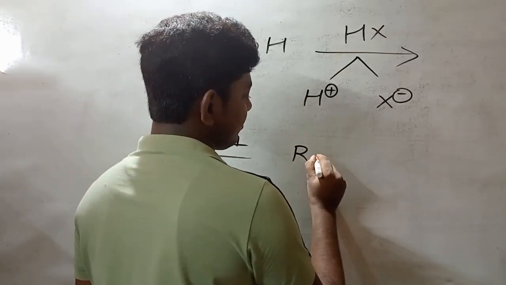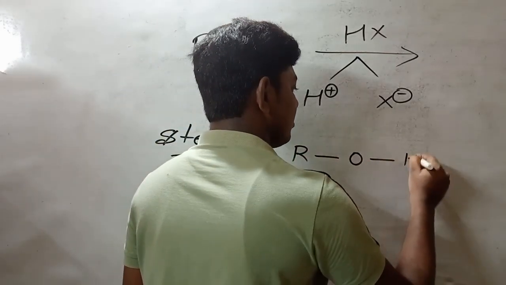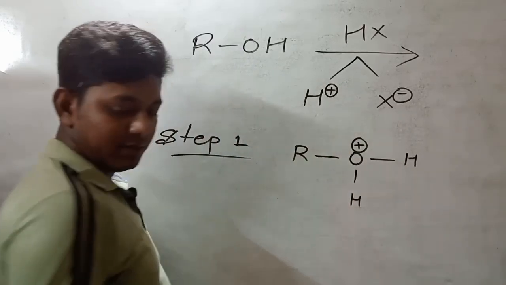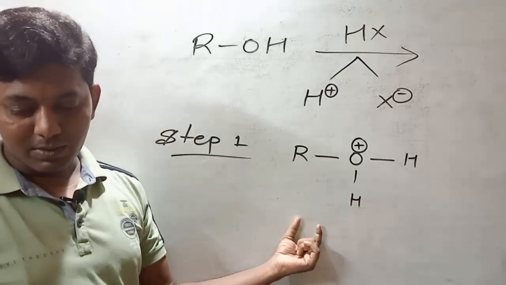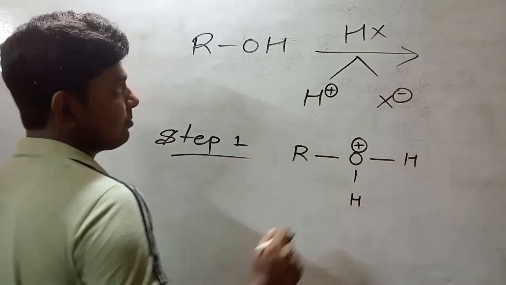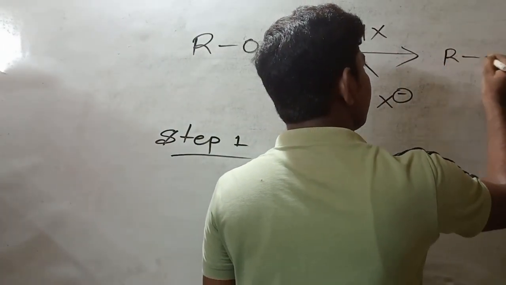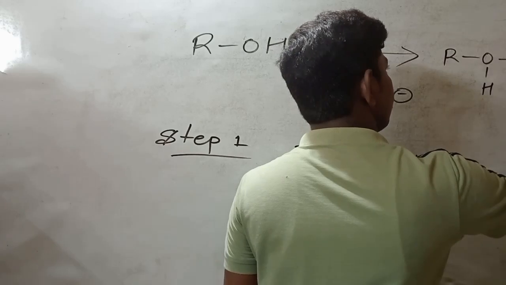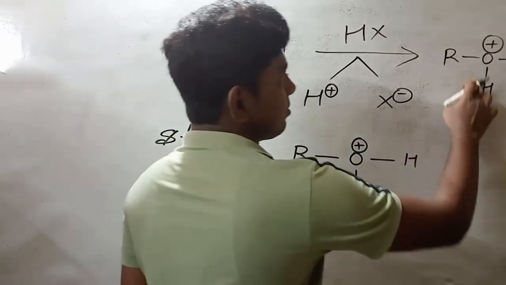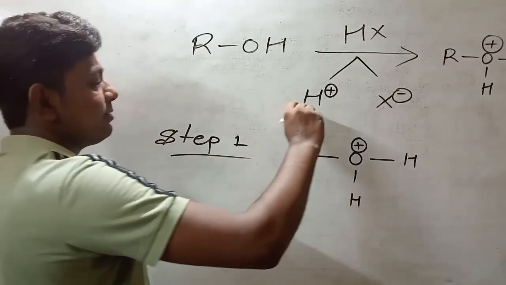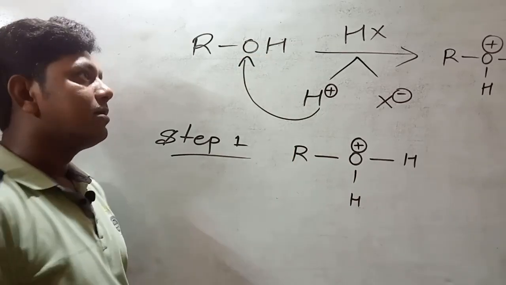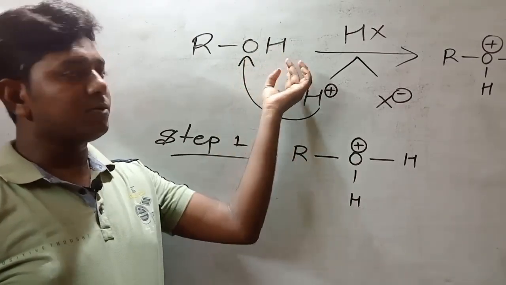so R, H positive on the oxygen atom. This is the first step. According to this, R O, so addition of this hydrogen to the OH group.